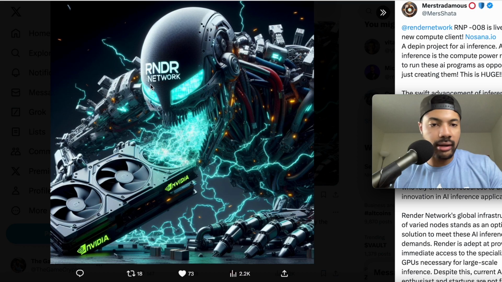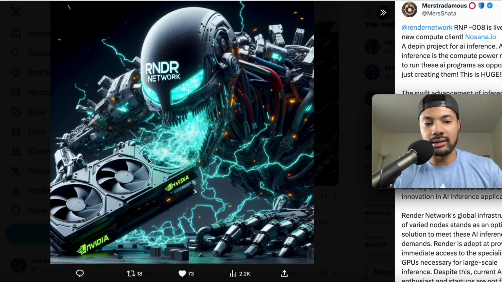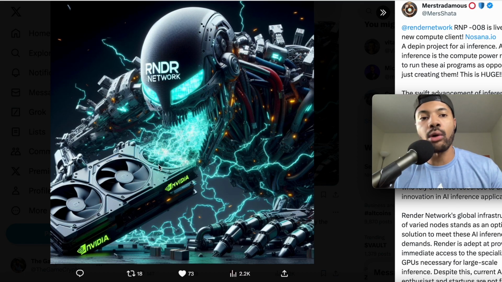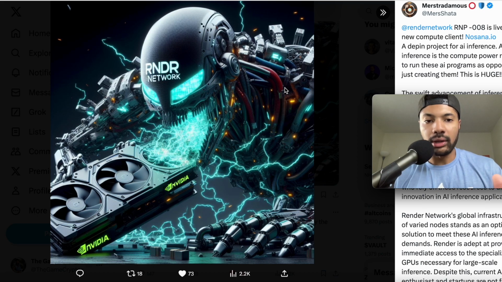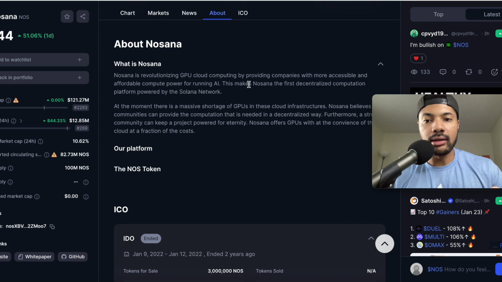You have a visual, kind of funny, showing the Render network being this giant monster just destroying NVIDIA and what it can do. It's basically showing that Render now has the ability to be an absolute powerhouse going forward, which definitely could happen. So keep an eye out on the Render network, and keep an eye out on Nosana.